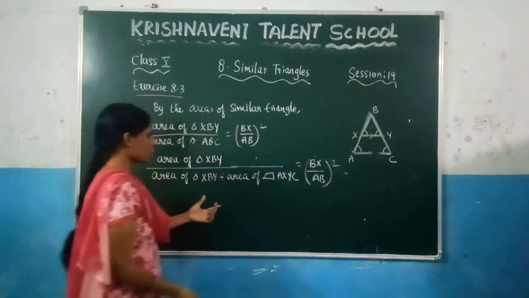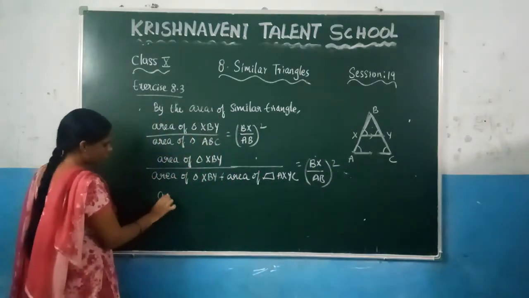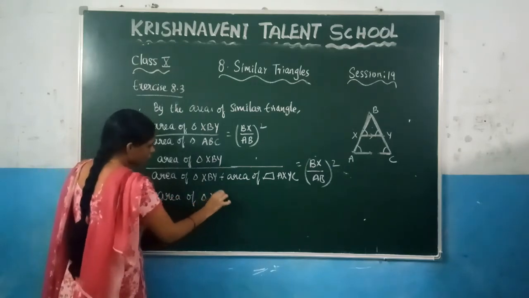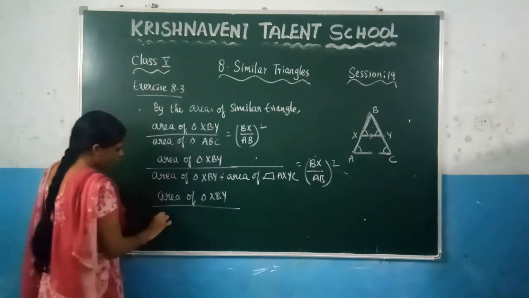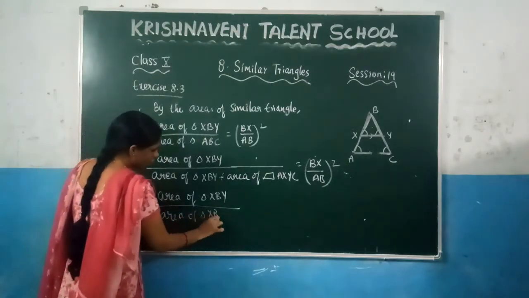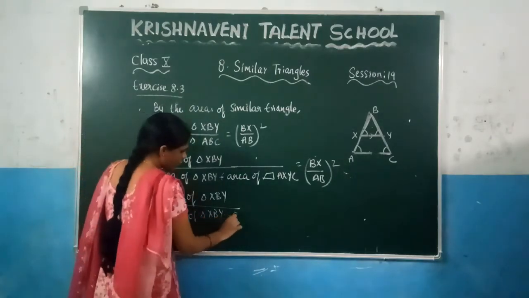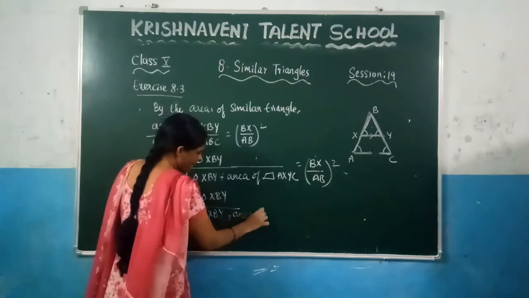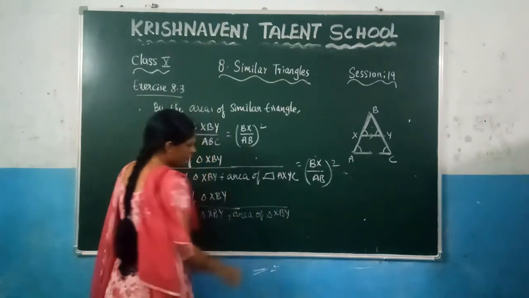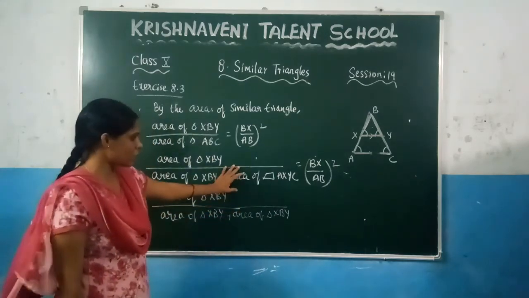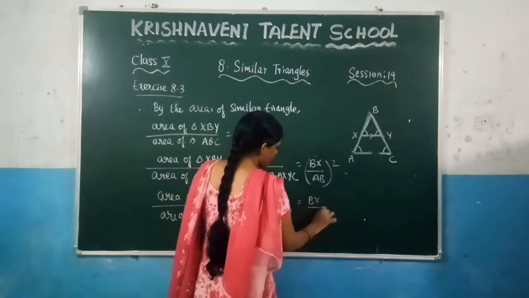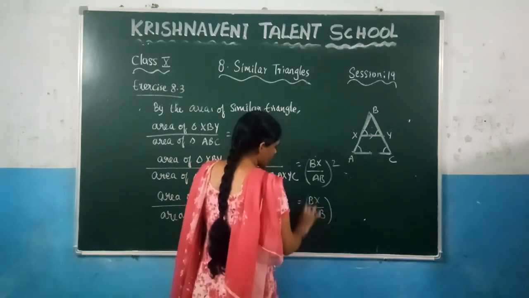So again, these two are equal, so you can write this one as area of the triangle XBY by area of the triangle XBY plus area of the triangle XBY. Why? Because in the question itself they have given that these two areas are equal. So this value is equal to BX by AB whole square.